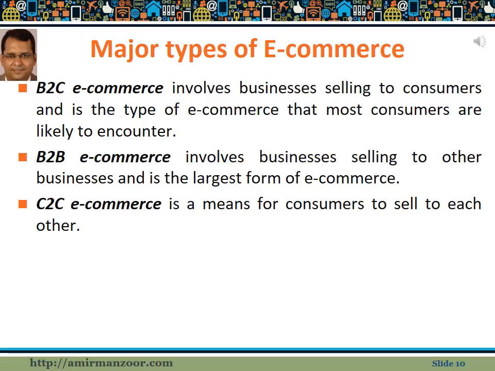Within the B2C category, there are many different types of business models. Chapter 2 has a detailed discussion of 7 different B2C business models: portals, online retailers, content providers, transaction brokers, market creators, service providers, and community providers. B2B electronic commerce, in which businesses focus on selling to other businesses, is the largest form of electronic commerce.